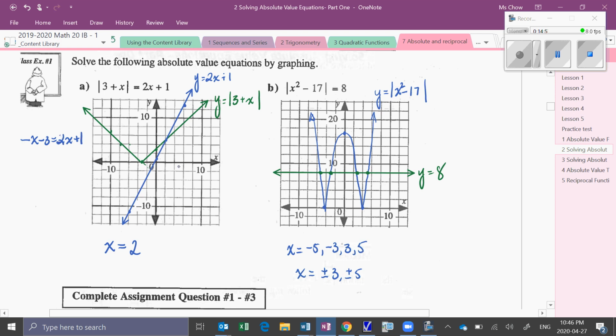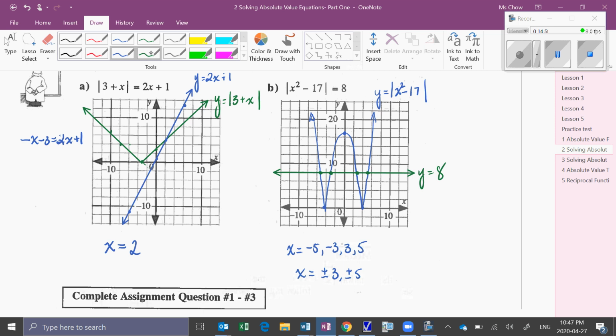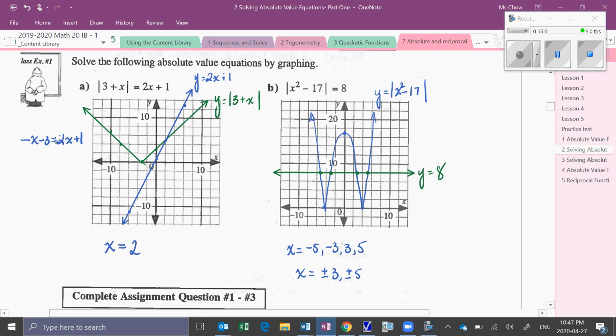And so really, what that is describing is -x minus 3, as if this particular line was to continue on, because remember, this equation right here, -x minus 3 equals 2x plus 1, doesn't have absolute value bars on it.